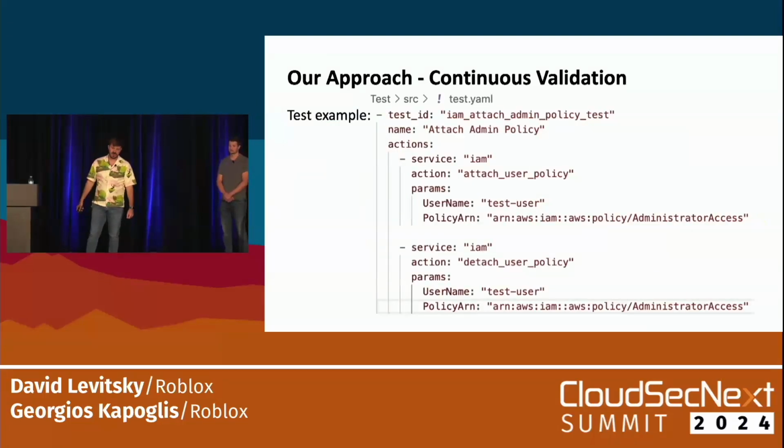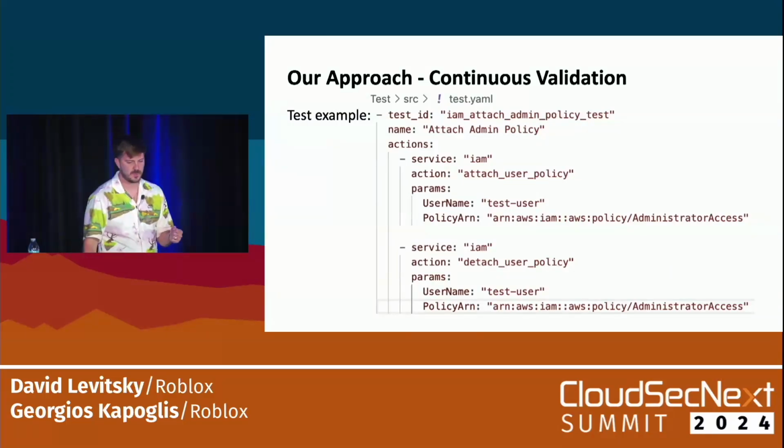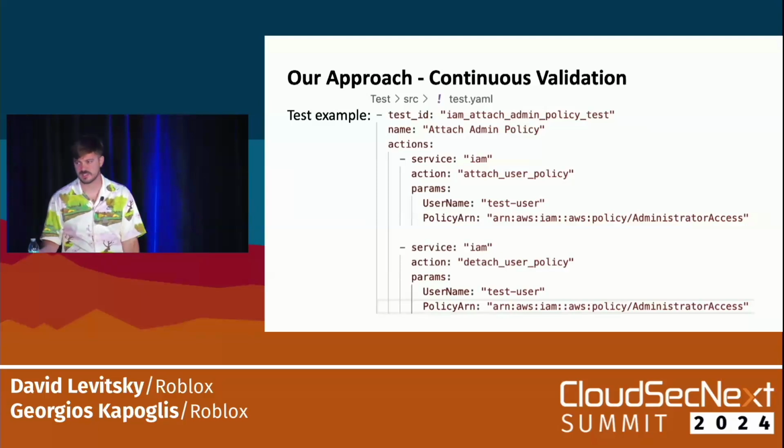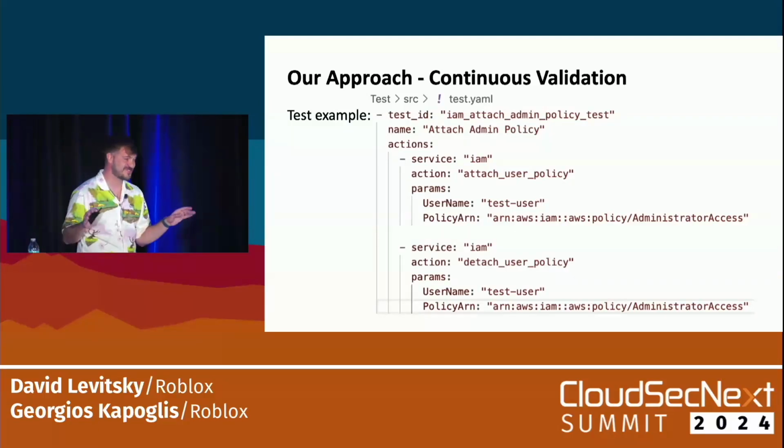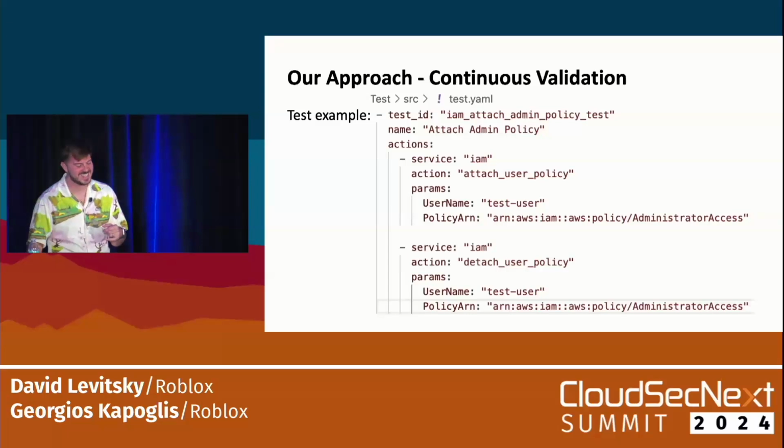So this is how our tests look like. And I just had this as an example. We are only testing here the first action, which is attaching an administrator policy to an IAM user, which you should not be doing, either using IAM users or attaching admin policies, of course.